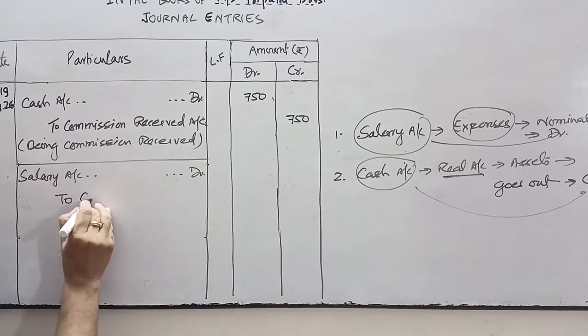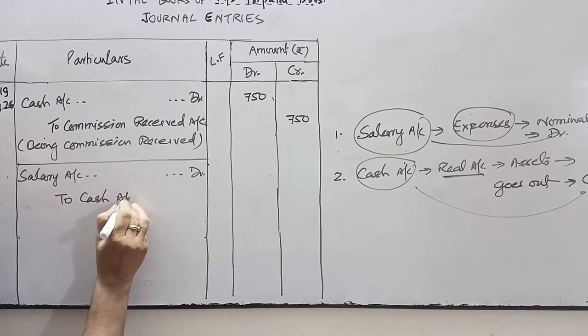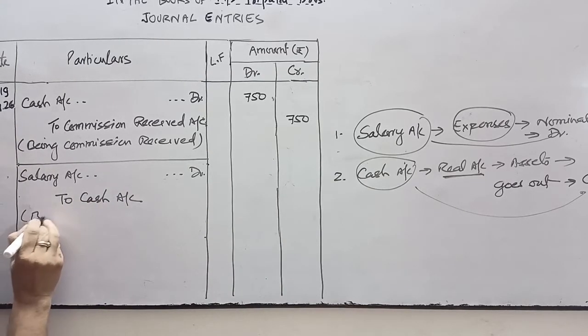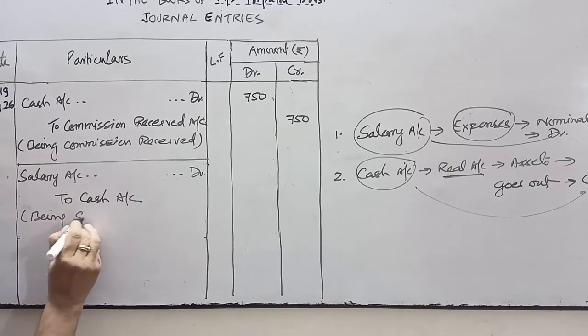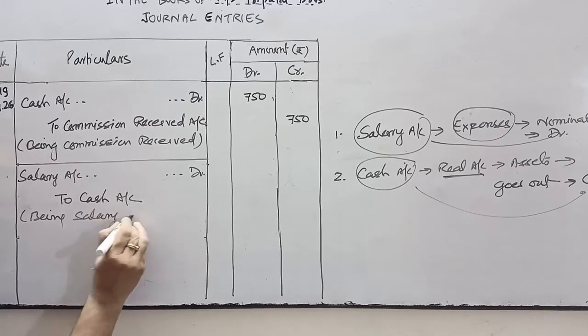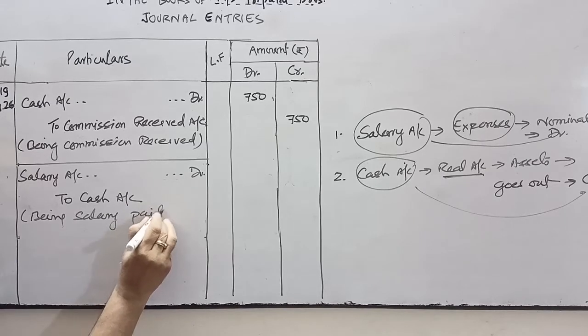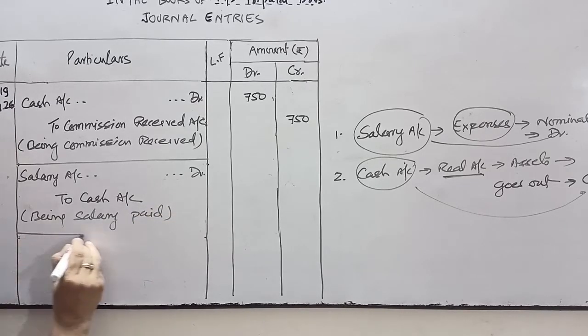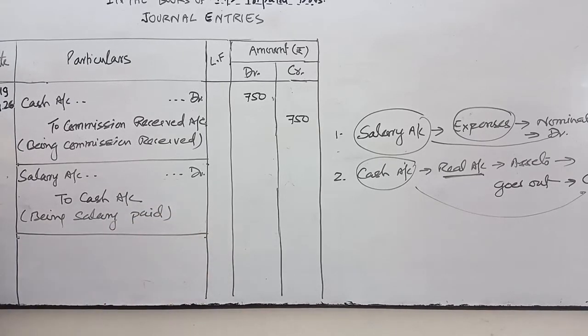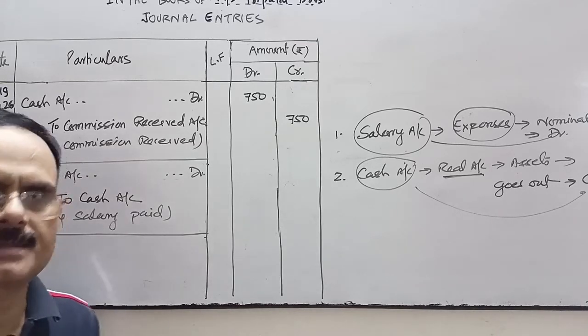So we'll write cash account. Narration will be being salary paid. We are not going to write the name of the employee to whom we are going to pay the salary. We never open the name of the employee. Instead of opening the name of the employee, we will use the word salary. If you pay the wages, then we use the word wages.